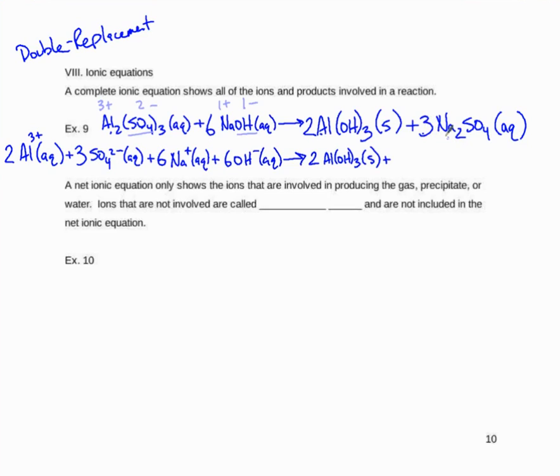We have 3 sodium sulfates. 3 sodiums times 2, that's 6 sodiums. And check it out. There were 6 over here, so that's a good sign. Plus 3 sulfates, aqueous. And over here we had 3 sulfates. And so everything here is still balanced, it's just written differently.